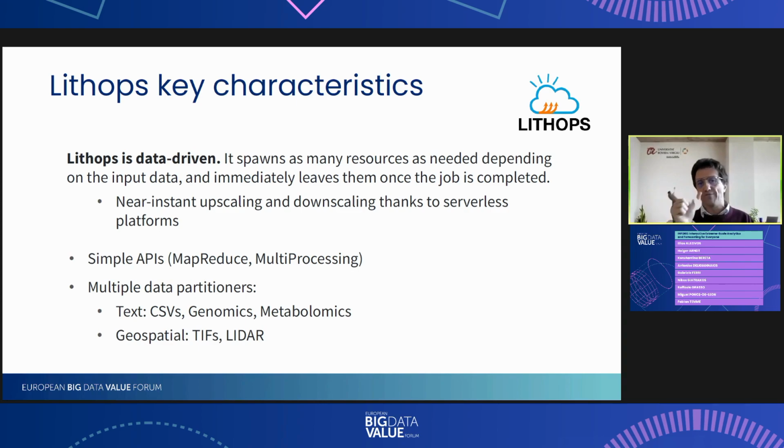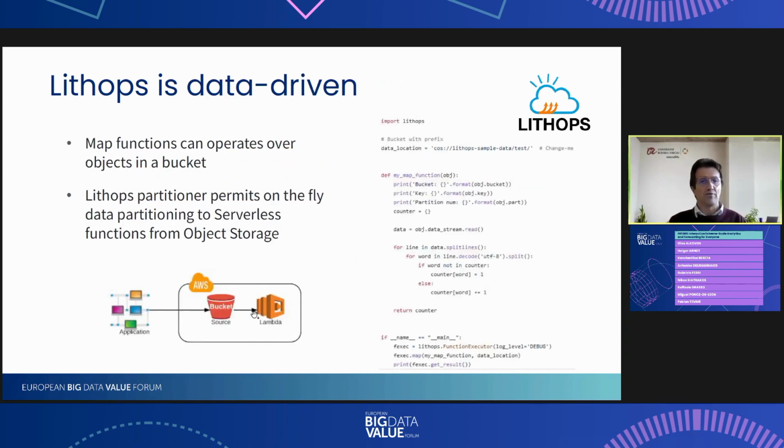This is because we have created data partitioners for different formats. With our APIs, we offer a MapReduce API and a Python multiprocessing API that transparently accept CSV, text files, genomic data, compressed data, metabolomic data, and geospatial data in TIFFs and LIDAR. We have created a lot of partitioners, and this is really the powerful part of Lithops.